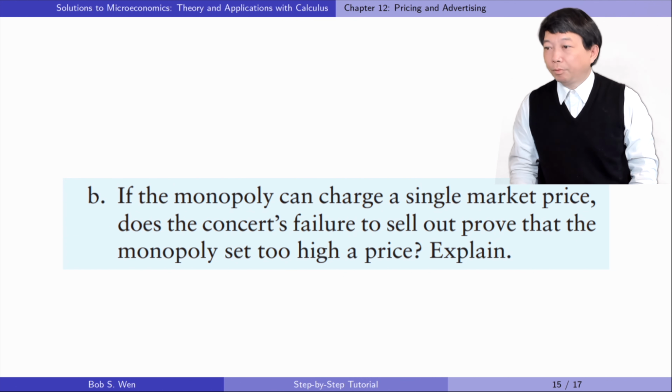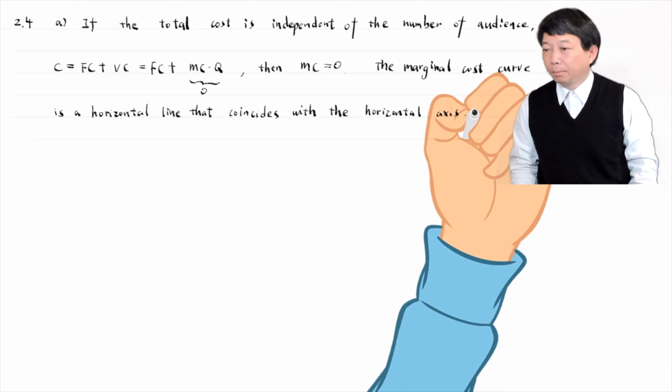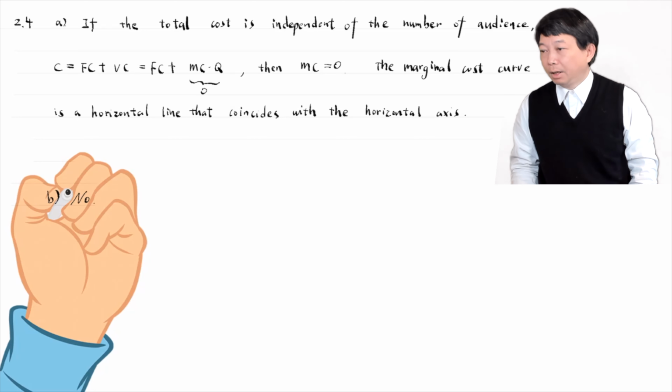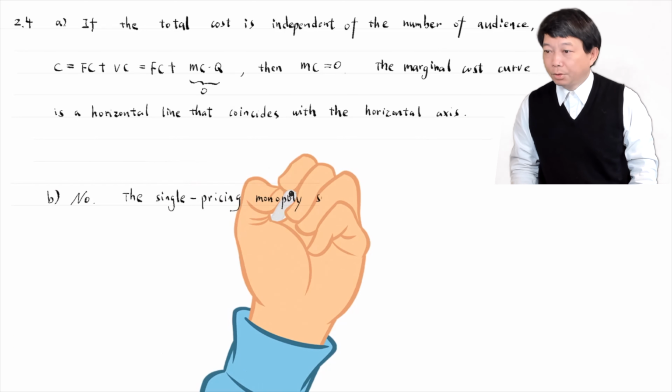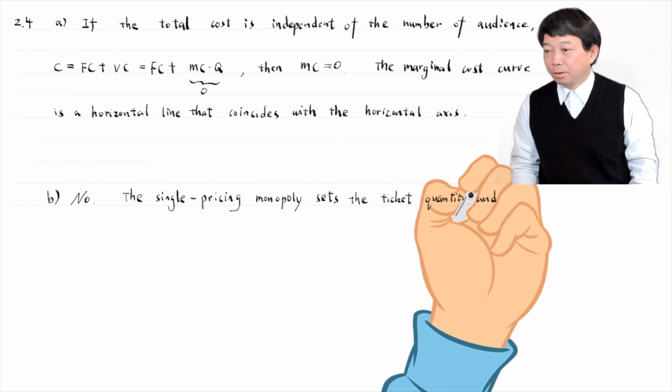In Part B, if the monopoly can charge a single market price, does the concert's failure to sell out prove that the monopoly set too high a price? Explain. No, the single pricing monopoly sets the ticket quantity and price to maximize its profit.